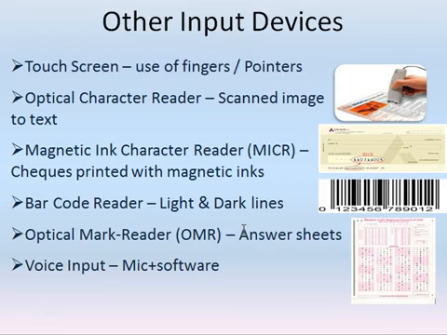Then we have barcode reader, the light and dark lines which we see here. Then we have optical mark reader, OMR answer sheets, which are nowadays used in our exam papers. Then we have voice input, that is a mic, which is used to input our voice into the computer.